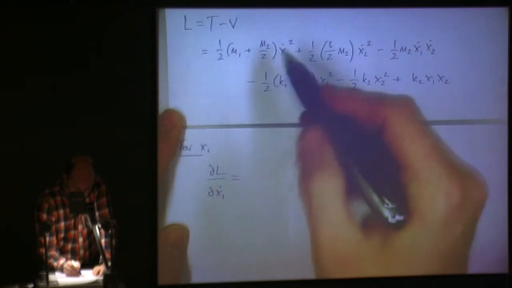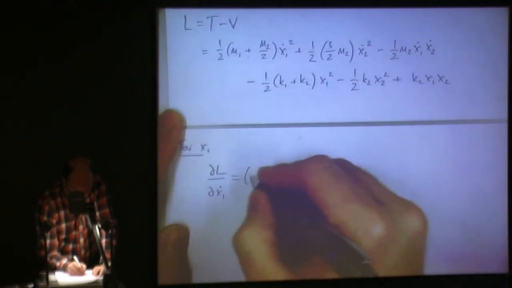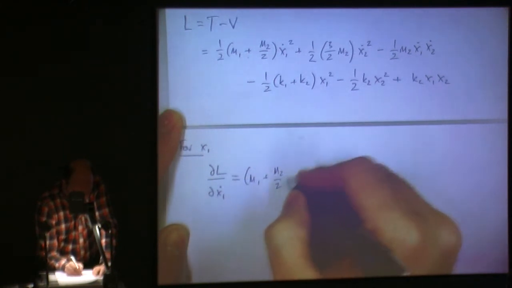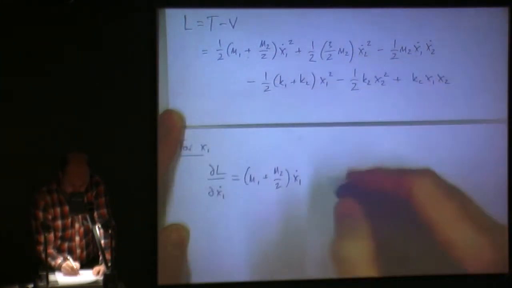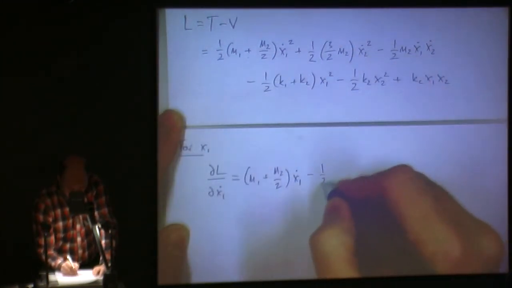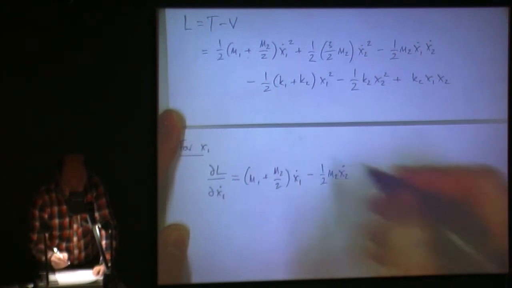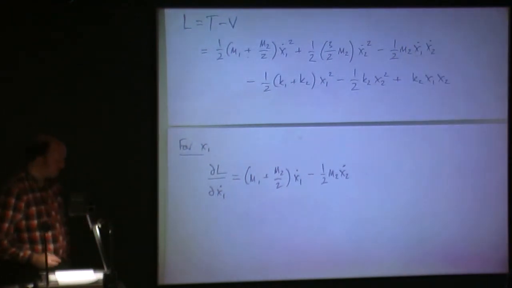Obviously, I take the derivative, I'll just get the 2 come down. 2 times a half is 1. So I simply have (m1 plus m2)/2 x1 dot. And then I've got this term minus 1/2 m2 x2 dot. Okay, the x1 is to the power of 1, so that just disappears.